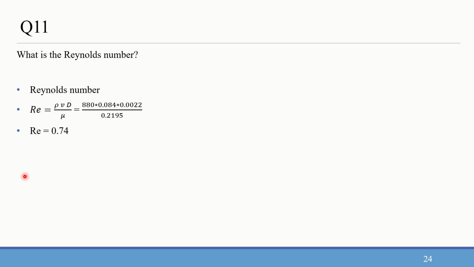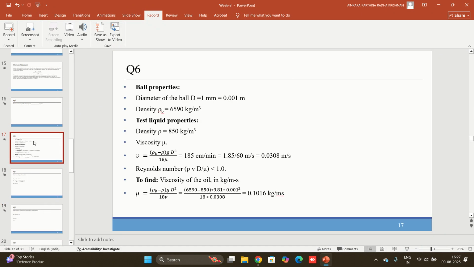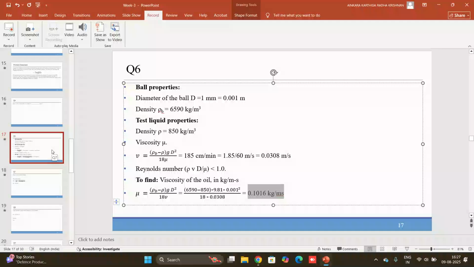There it was 3.25 centimeter per second. Here it is high. So when velocity is high and viscosity is comparatively lower, it is 0.2195. We'll just compare it once. Density is also a factor.